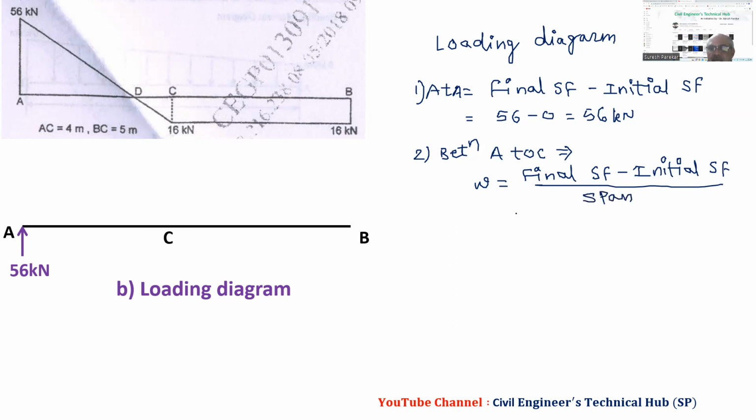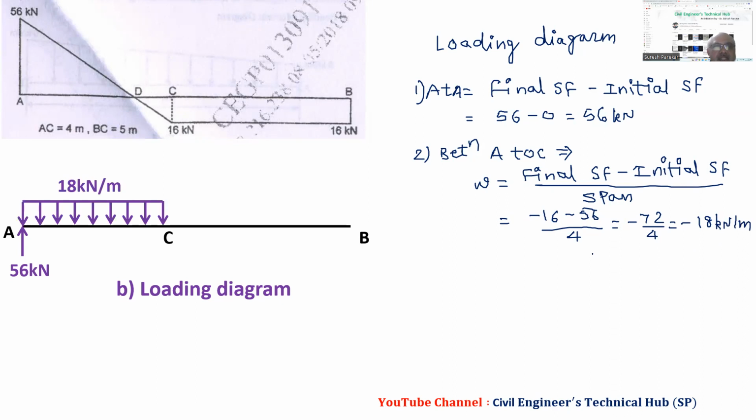Final shear force we have minus 16, initial shear force we have 56, and span we have 4. So we have 56 plus 16, 72, upon 4. So this is minus 18 kilonewton per meter, meaning we have a UDL in the downward direction of 18 kilonewton per meter. Then we have to find the point of zero shear force here, so that we will find later.